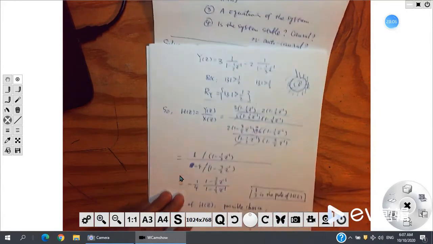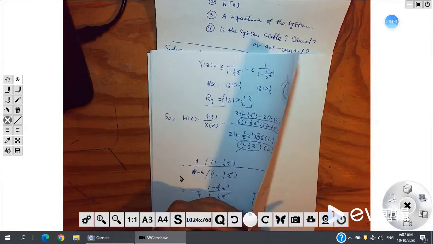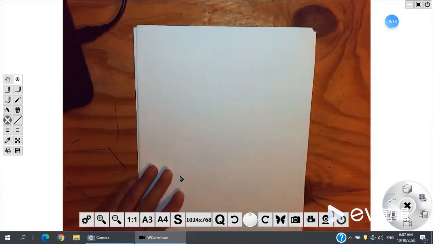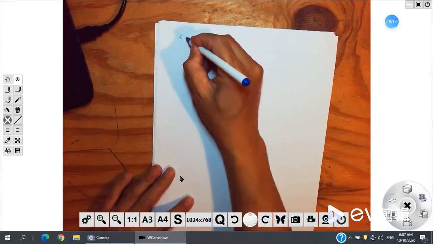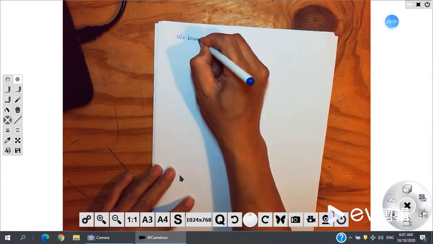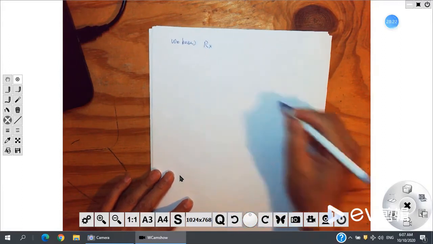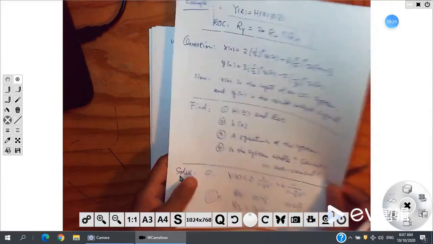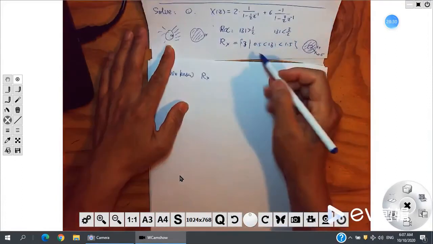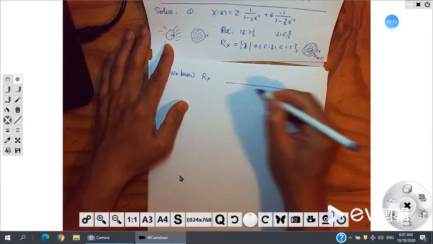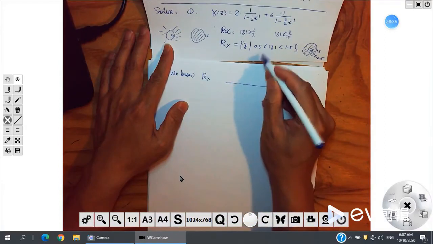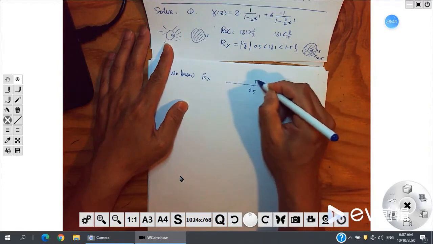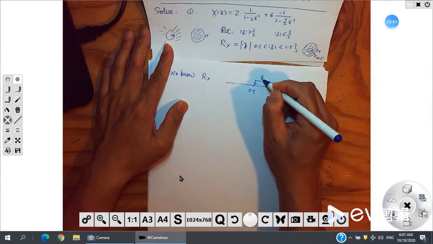You need to compare. We know the ROC of X and Y, right? We know Rx is here. Rx is this one, from 0.5 to 1.5. This is Rx, right?